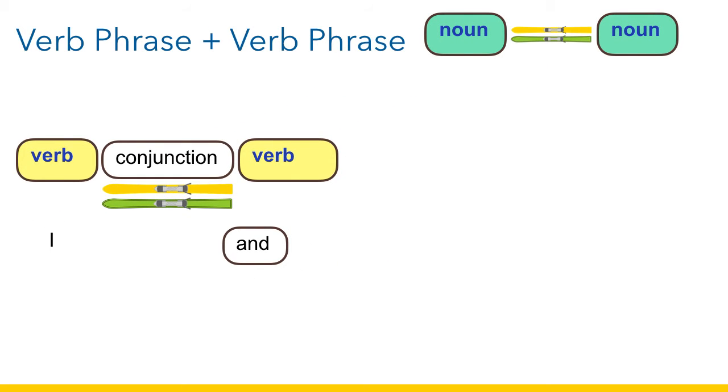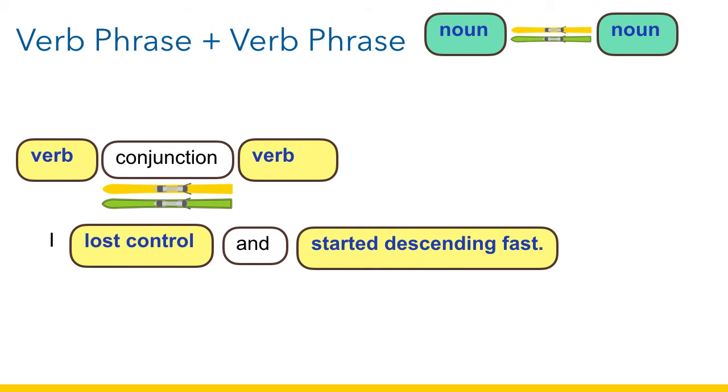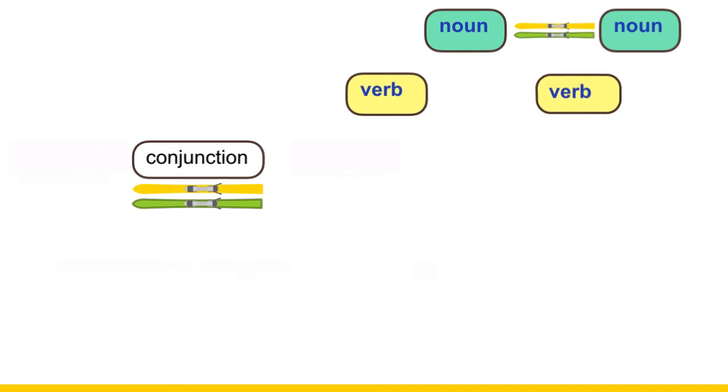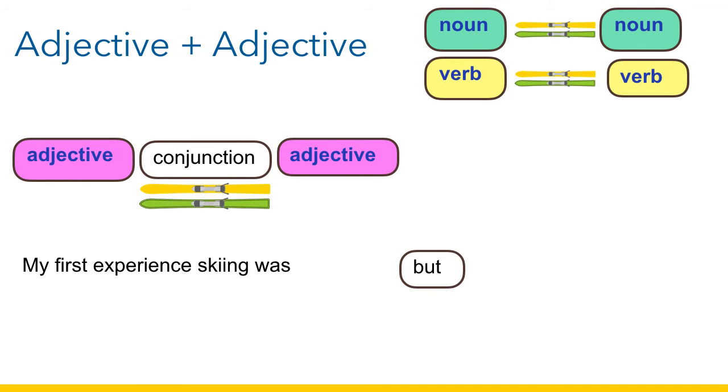We can also use conjunctions to connect verbs, or in this case, verb phrases. I lost control and started descending fast. Here we have two adjectives.